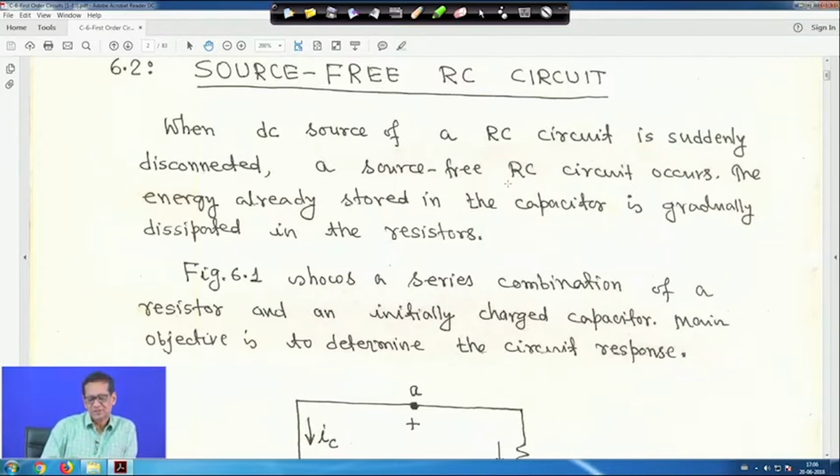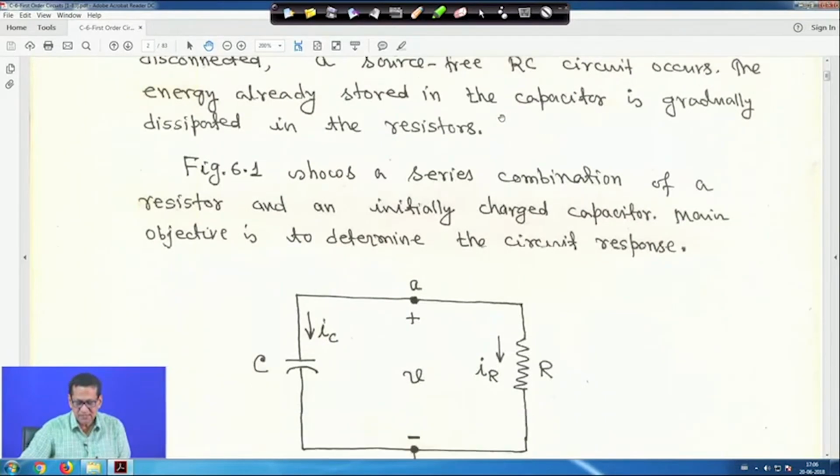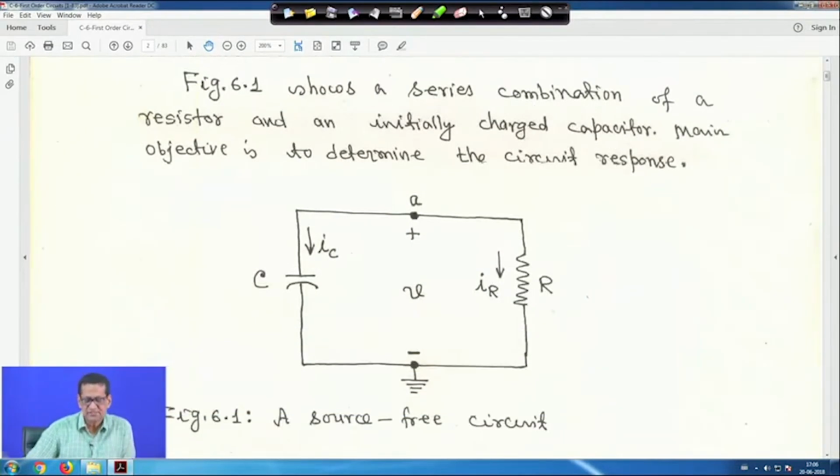When the DC source of an RC circuit is suddenly disconnected, a source free RC circuit occurs, right. The energy already stored in the capacitor is gradually dissipated in the resistor. Figure 1 shows a series combination of a resistor and an initially charged capacitor.